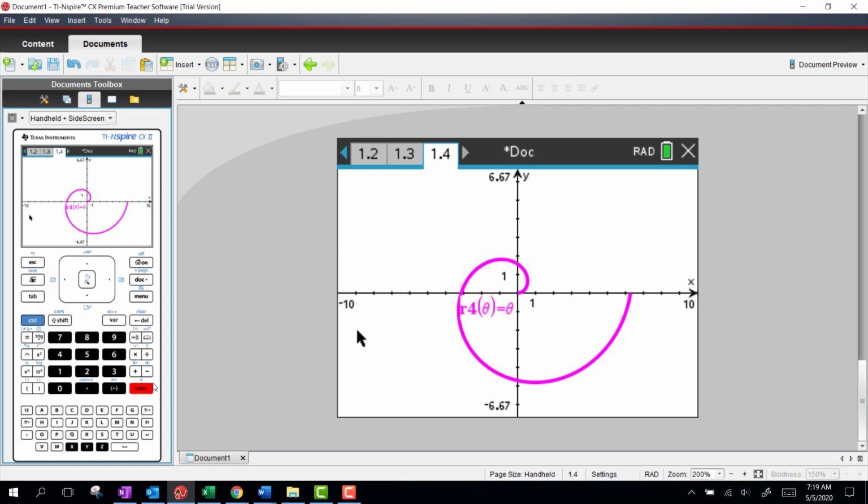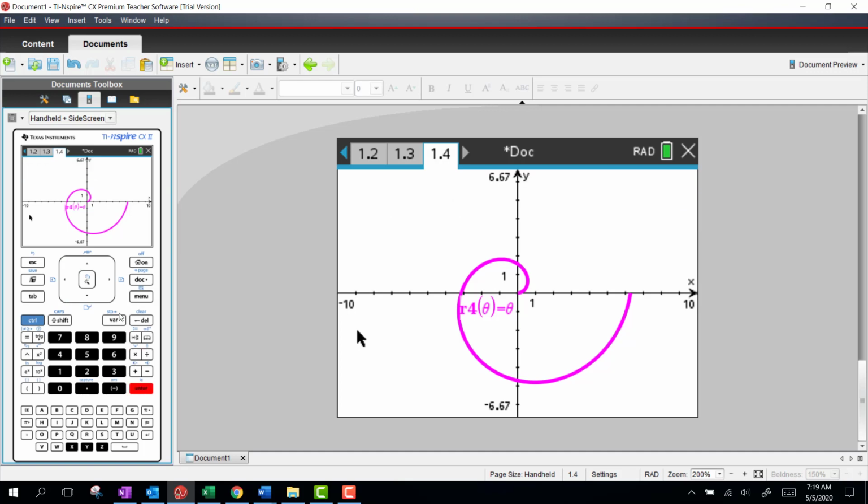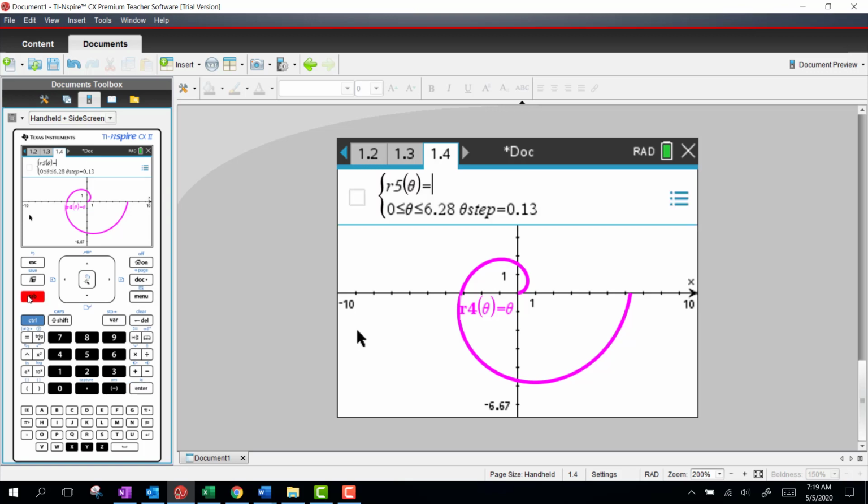So if we wanted to go on, let's make this times 2. See if I can just squeeze that in there. 2 times 6.8. Let's go around again. I guess it didn't like that. Let me just double this.